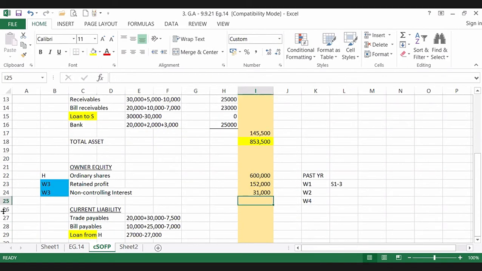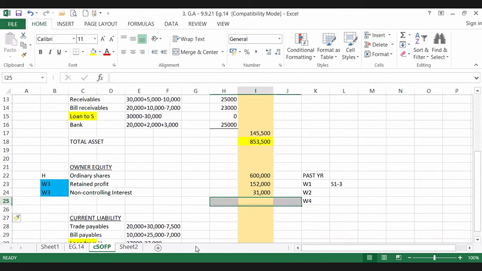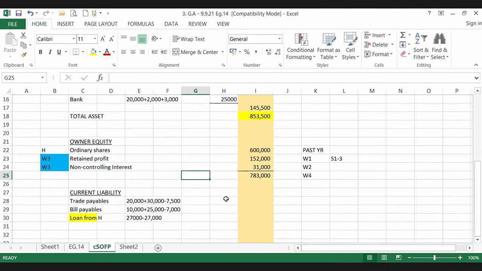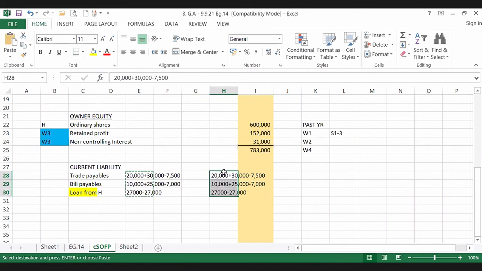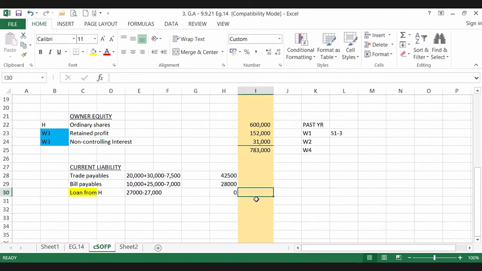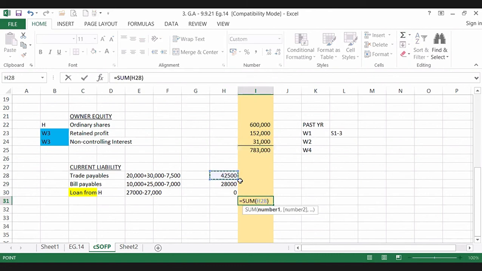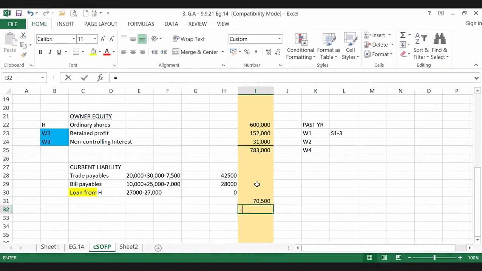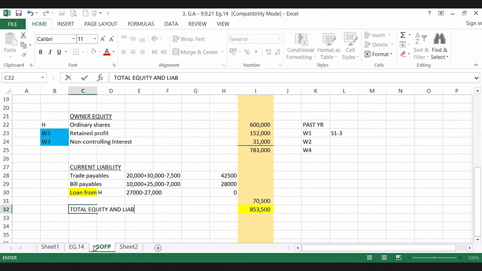Only equity. Balance or not? Balance. So 853,500.